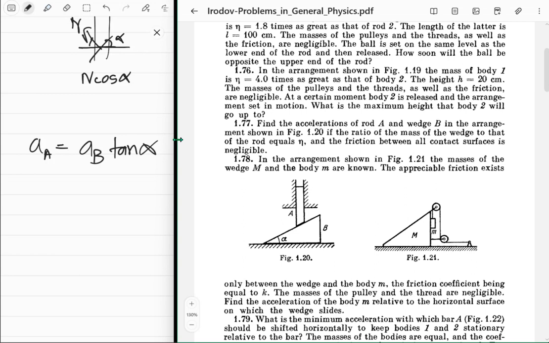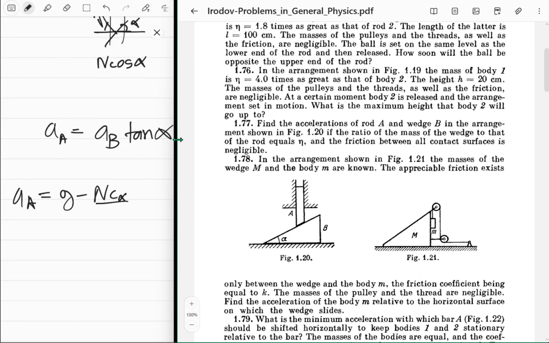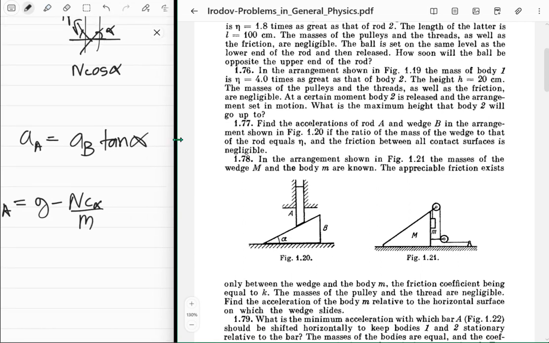So the downward acceleration of A will be g minus n cosine alpha upon the mass, small m.